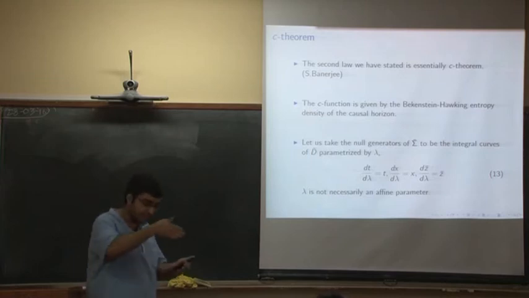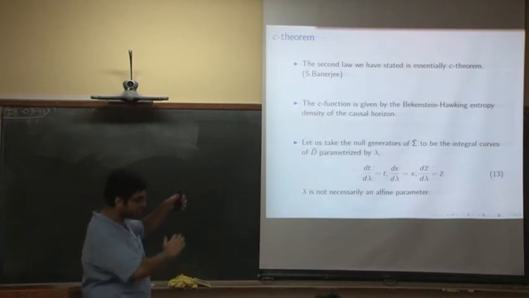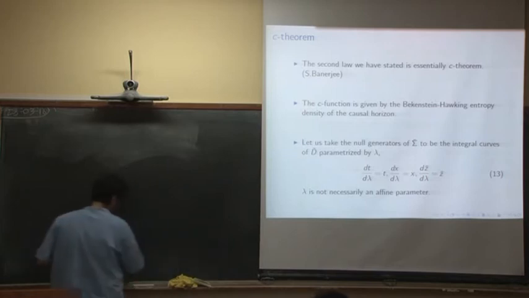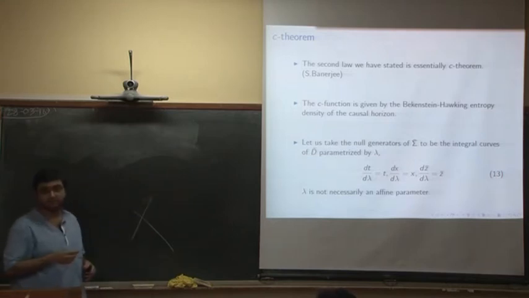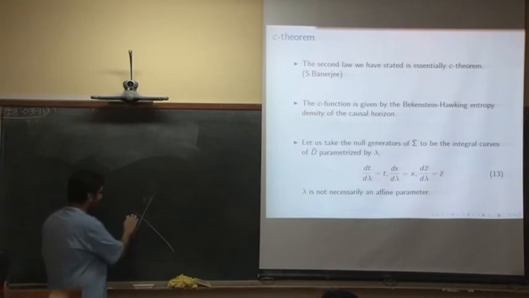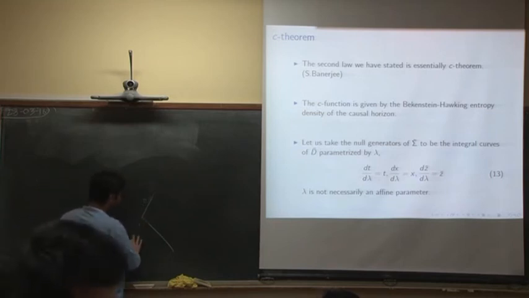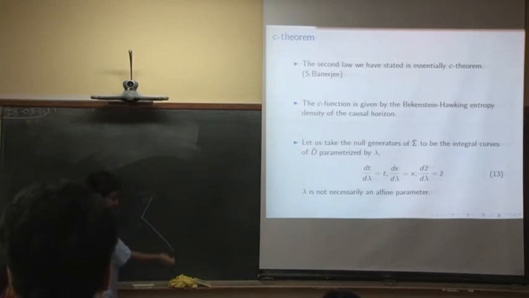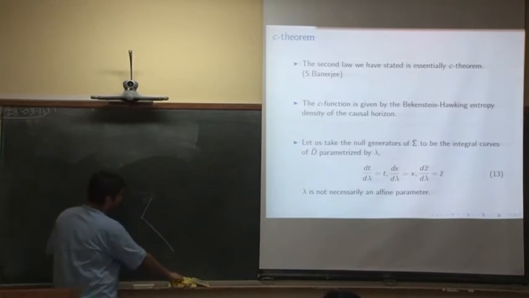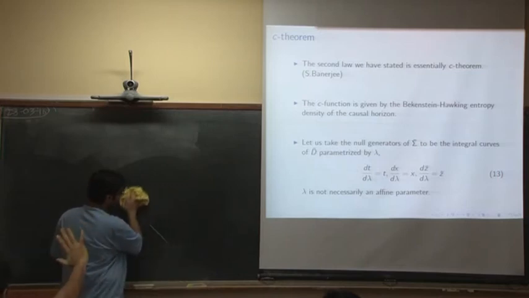But if you look at this horizon, theta is 0 here. I don't understand your diagram. If theta is greater than 0 here, then less than or equal to 0 there. In your thing, towards the future it should be greater than or equal to 0.